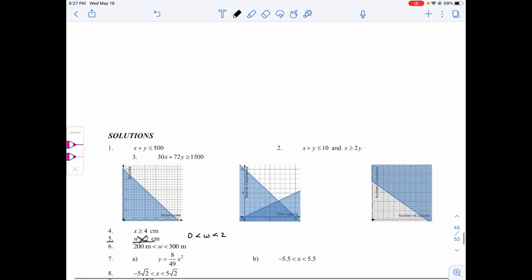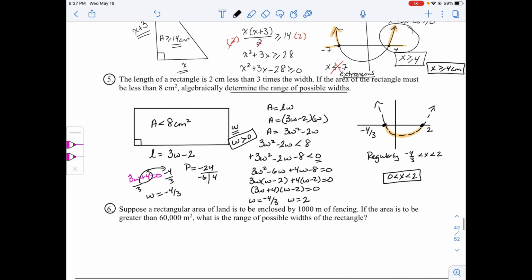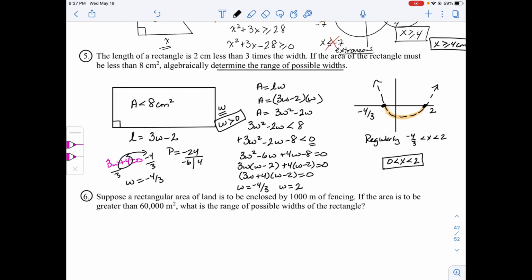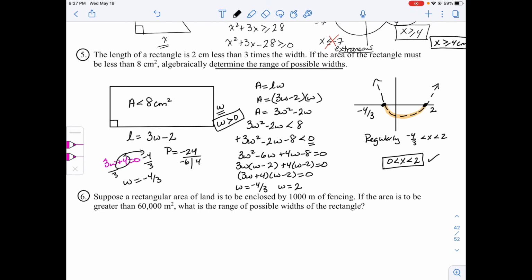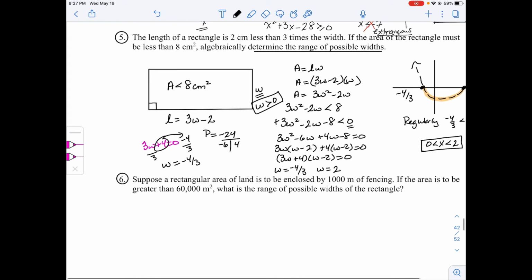And I can show you. If we say that the width would be greater than 2, unless I've made a mistake here somewhere, which I don't think I have, and we were to sub in a value there, this has got to be our answer. Our width has to be between 0 and 2, because if our width was greater than 2, let's test a point like a width of 3.